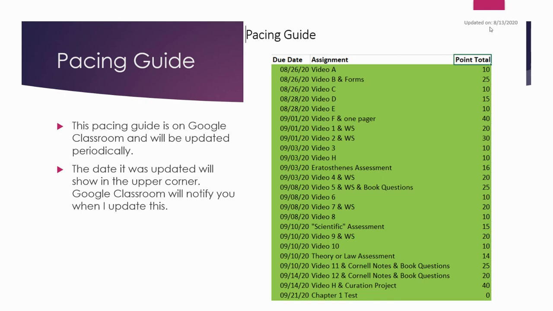You'll also always be able to check the version up at the top and see if I've made any changes. So for your pacing guide, this is what you're going to utilize to help you identify what you should do next. In addition, at the beginning of the day in class, I will always have the information up there for each day, but you can always go to the pacing guide, and say you're ahead of pace and you want to know what comes next, you can always come here and take a look.